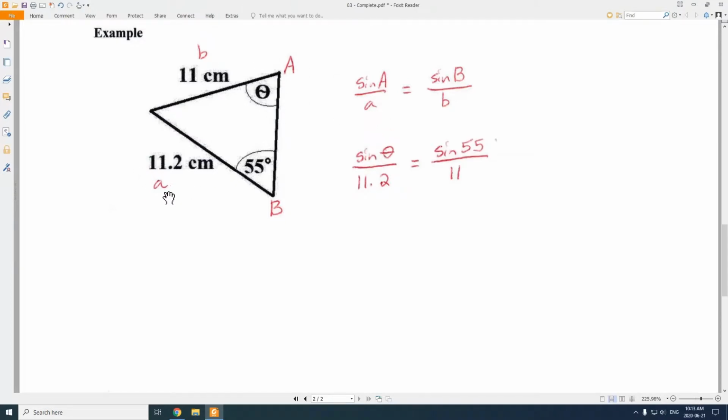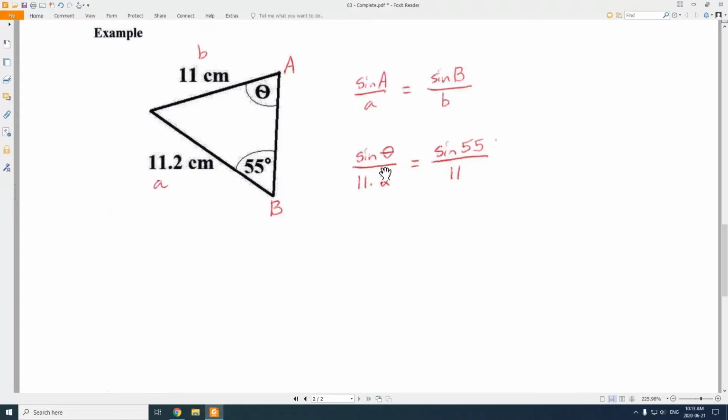Length A becomes 11.2. Sine B becomes sine 55. And length B becomes 11. So we're left with this. There's only one unknown, theta, the unknown angle, so we should be able to solve this.